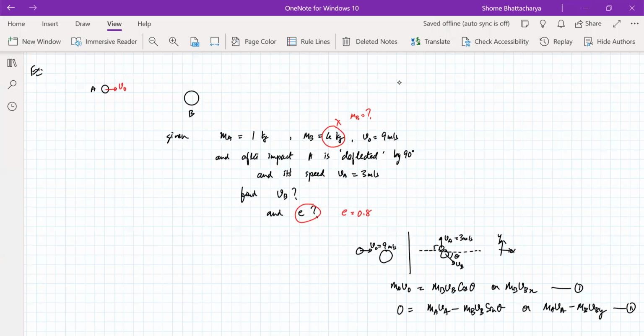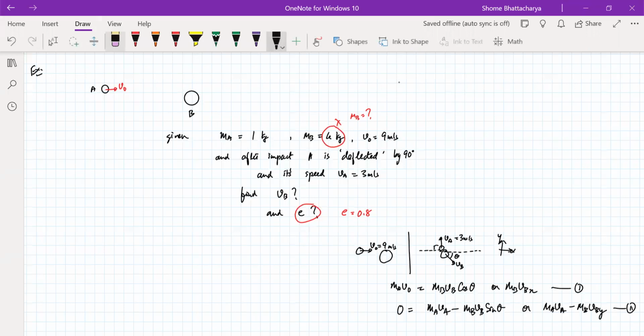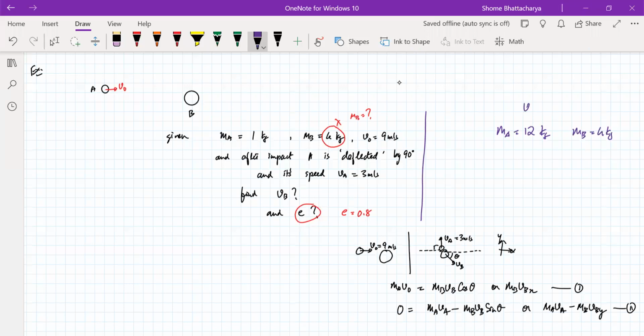So one more thing we can do is, let's solve another case where we take MA as 12 kg, MB as 4 kg, V0 as 9 meters per second, and VA as 3 meters per second, where VA is perpendicular to V0.